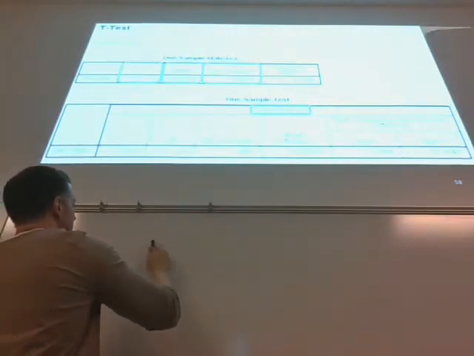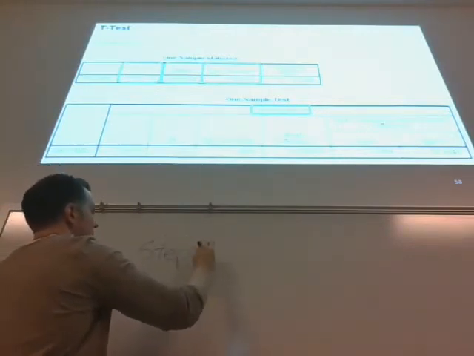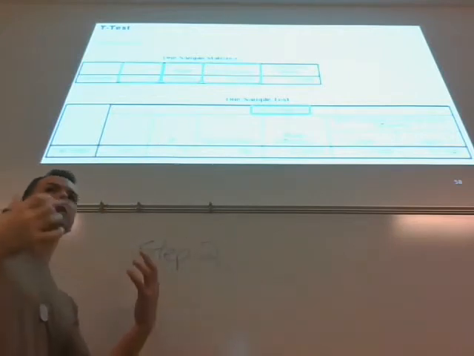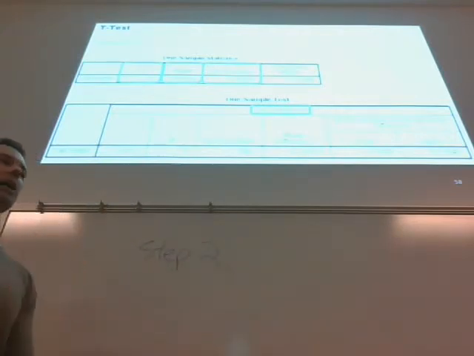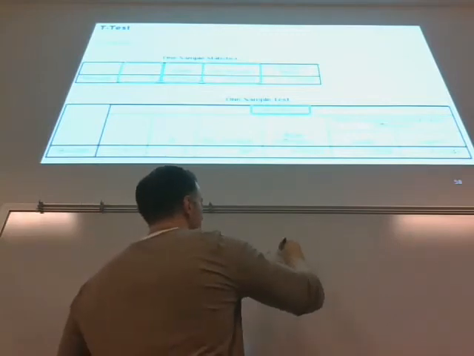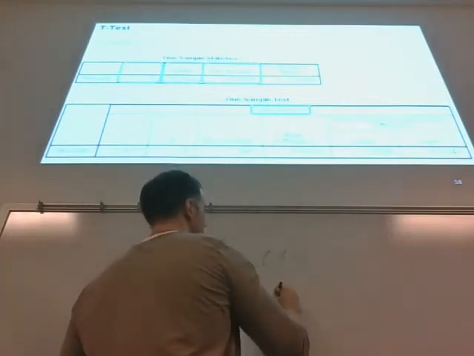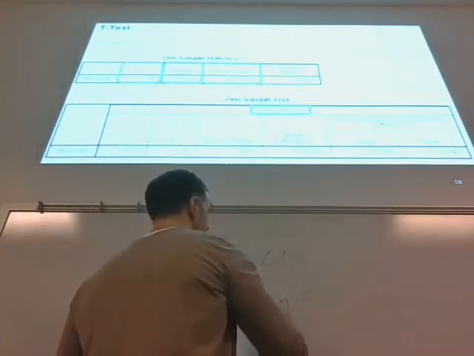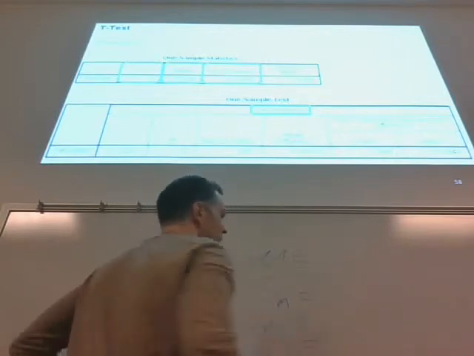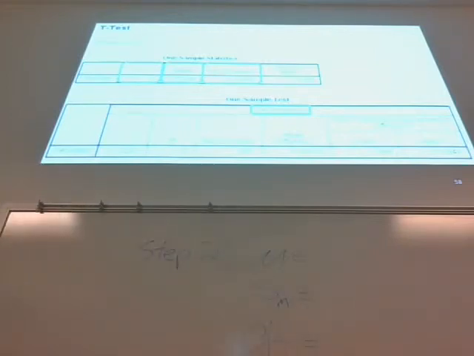And step 2 is the properties of the comparison distribution. So step 2 is that comparison distribution. We need the mean, we need that estimated standard error, and we're also going to want those degrees of freedom. Those were the 3 pieces of information that we need for our comparison distribution. Thankfully, very nicely, SPSS has given us all that information.